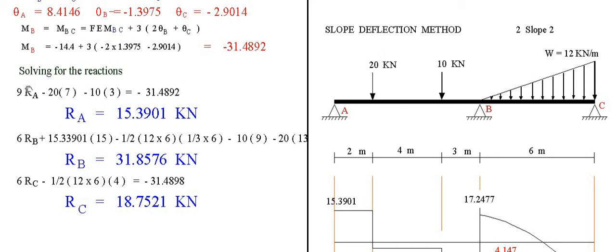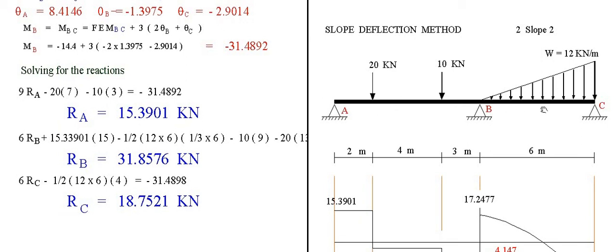Then these three are the forces creating a moment on the left of B, which is positive, while on the right the moment is negative. Positive here, negative here, equate that. The two moments BA and BC are equal, so that we have only one unknown. RA is 15.3901.